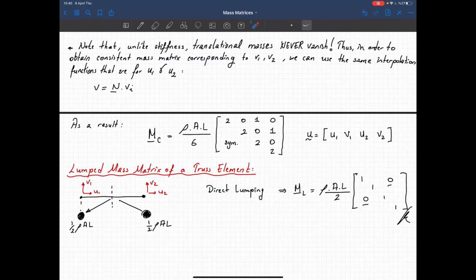So it's very easy to calculate, and at the end of the day you get a diagonal matrix. So when you want to invert it, you just invert the diagonals. So that's why in the integration algorithms it's usually preferred to use lumped mass matrices.